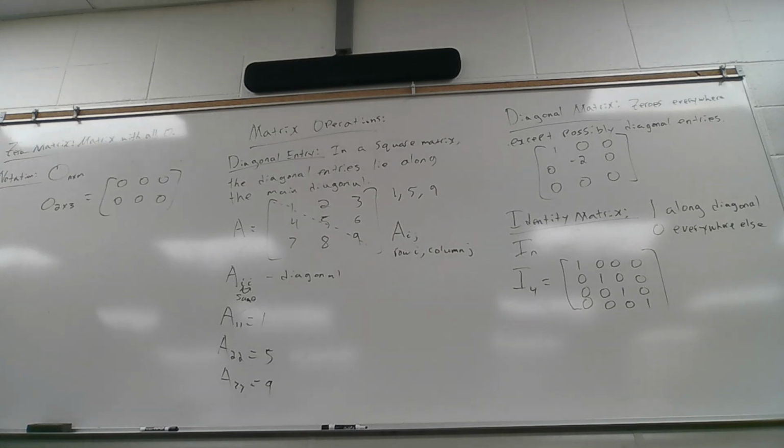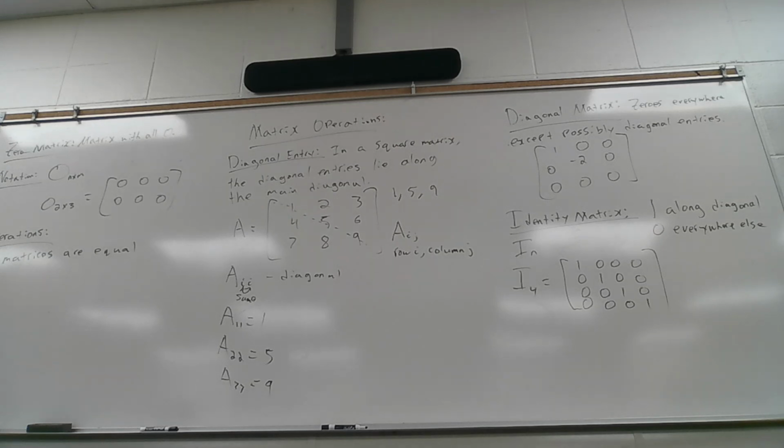So now let's actually talk about some of these operations we can do on matrices. And maybe this isn't necessarily an operation, but if we have two matrices, we need to be able to say when they're equal, right? So two matrices are equal basically exactly the way you would hope, right?